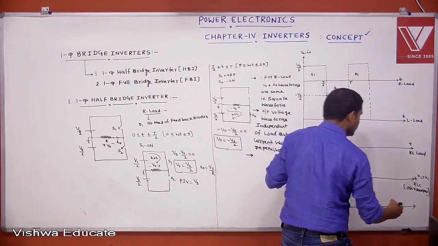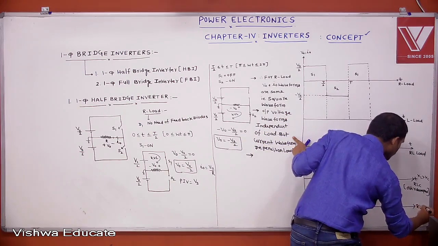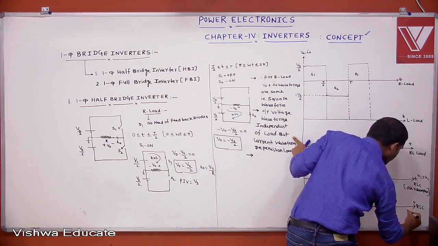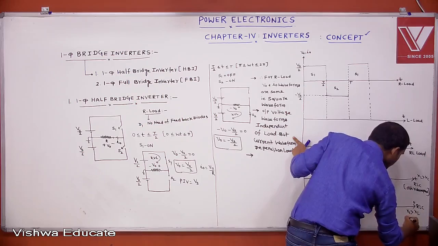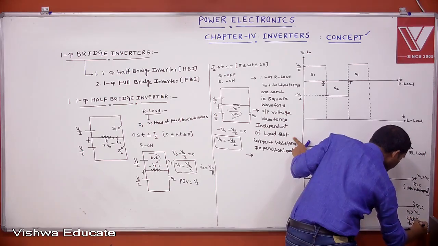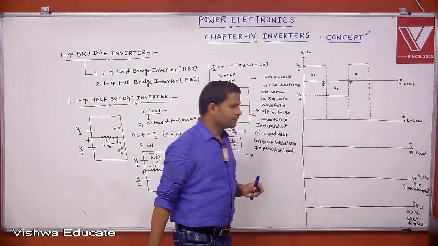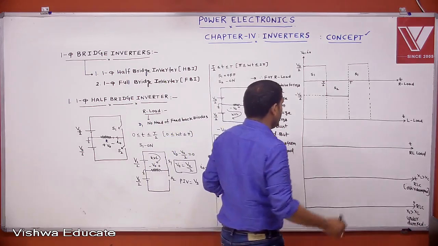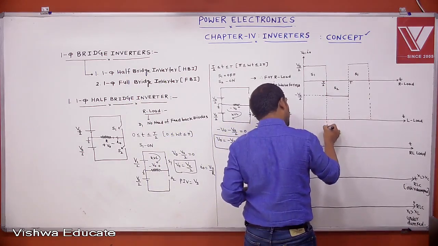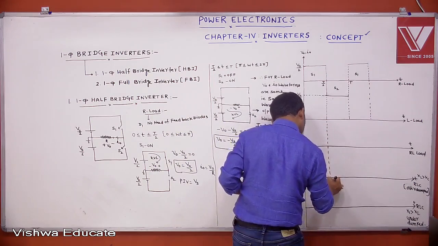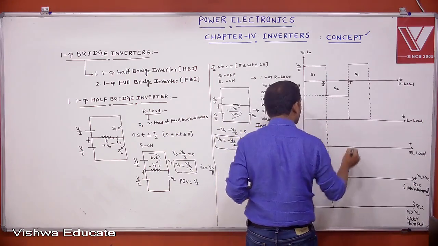Then RLC, XC greater than XL, this is under damped. If XC is greater than XL, it means under damped. Okay. Now we'll see the different waveforms for RL, for different loads.